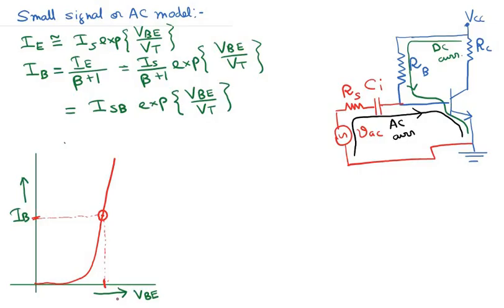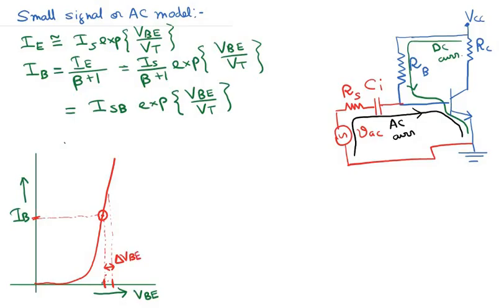Now because the AC voltage source is superimposing on top of the DC voltage, let us assume that the base to emitter voltage is increased by a very small amount, say delta VBE, due to the AC voltage source.